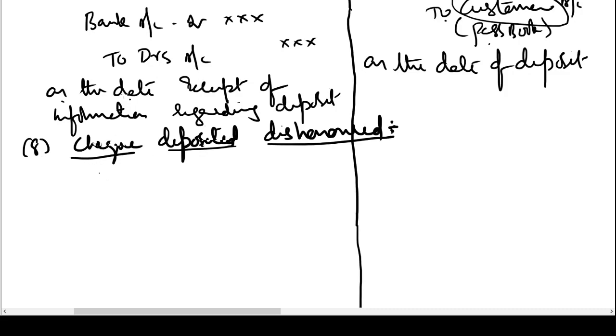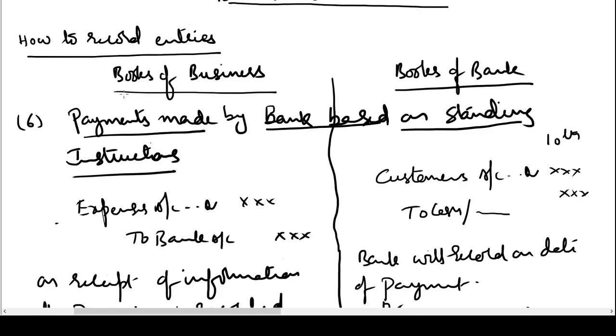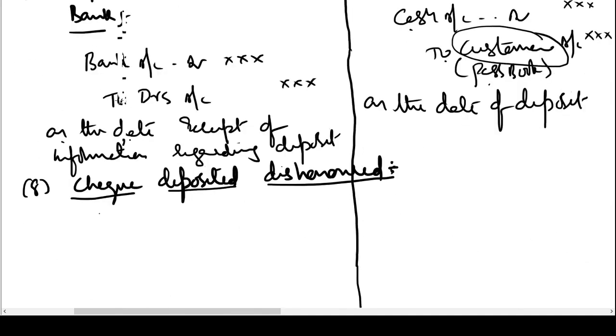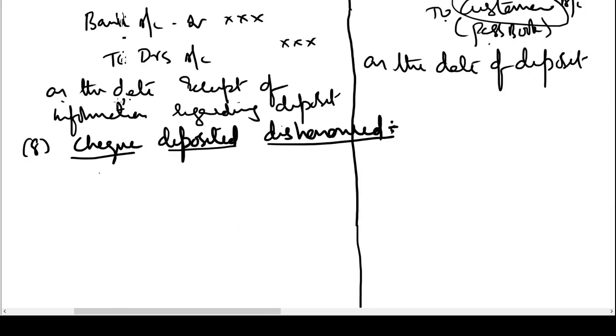So here we have an entry, checks deposited dishonored. We received some checks from our customers and we have deposited the checks in the bank and ultimately the checks were dishonored. Now what happens?